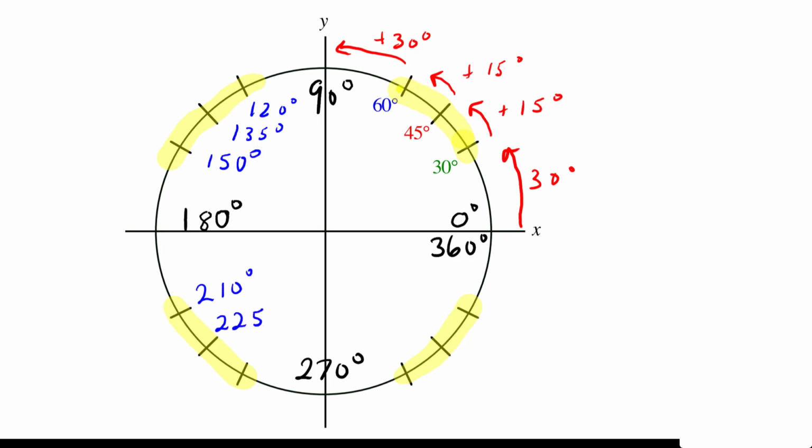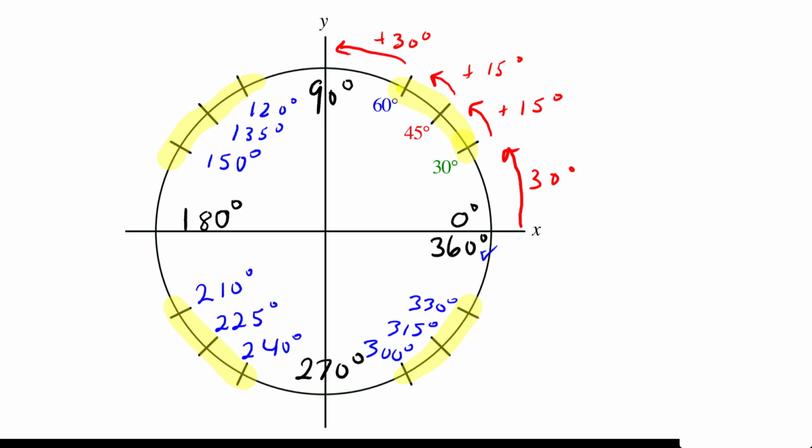Add 15, and add 15 again, 225 and 240. We add 30 degrees to get 270, and then we start the pattern all over again. 30, 15, 15, 30. And you can see the numbers as they appear in quadrant 4, all the way to 360.